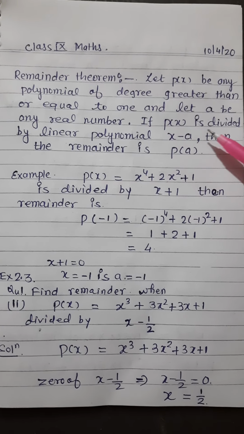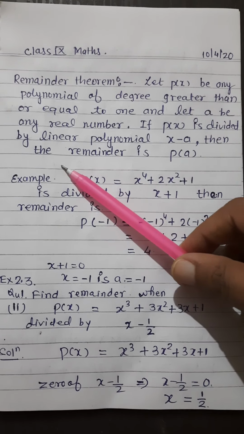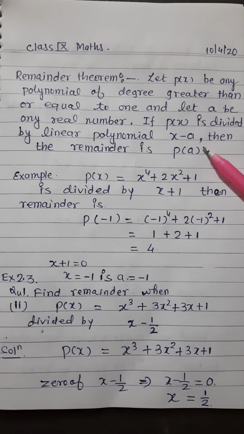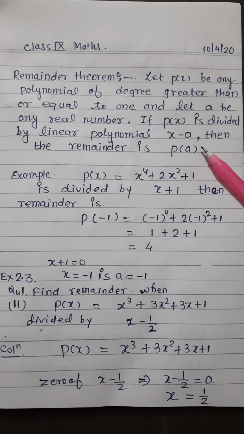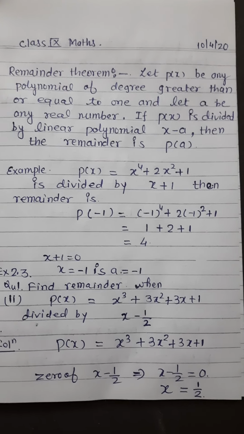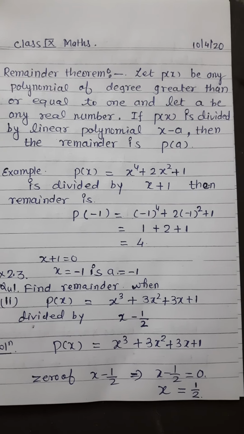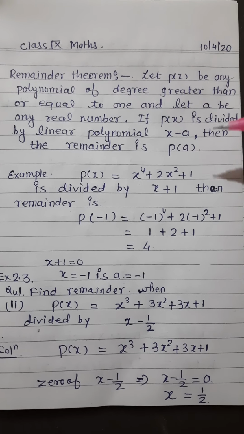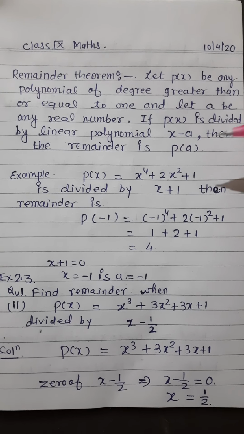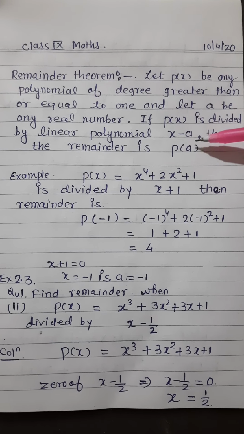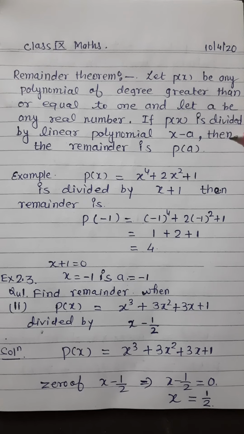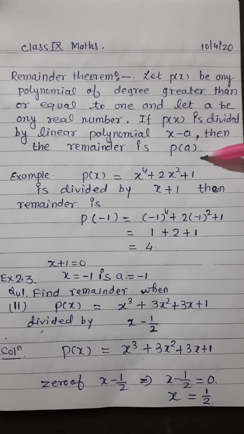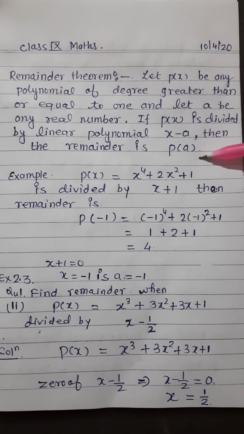If p(x) is divided by the linear polynomial x minus a, then the remainder will be p(a). We know how to find p(a).